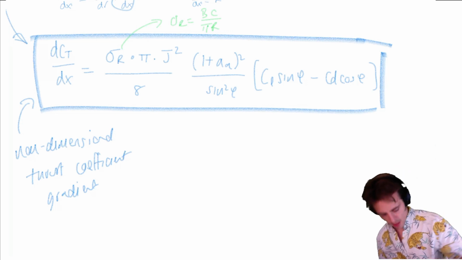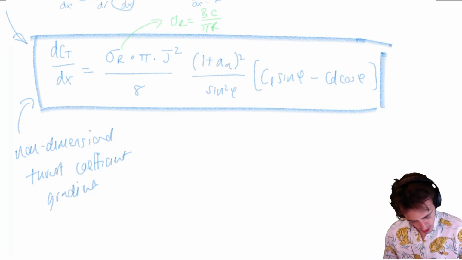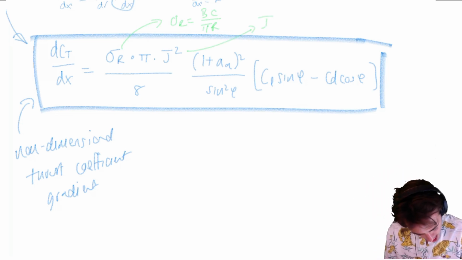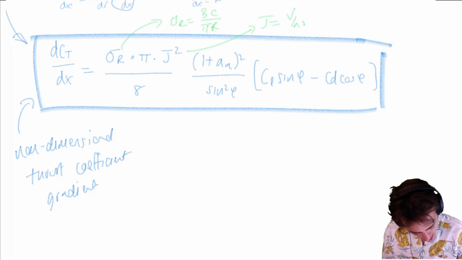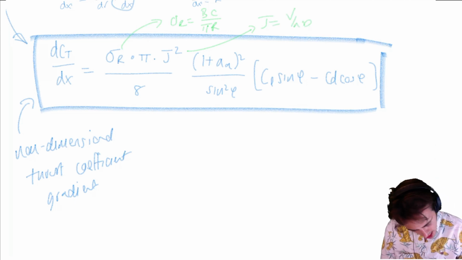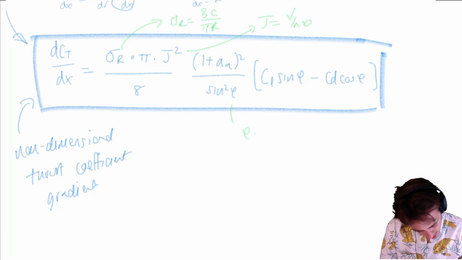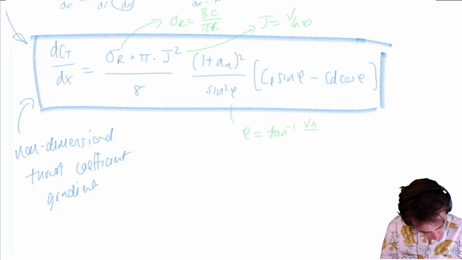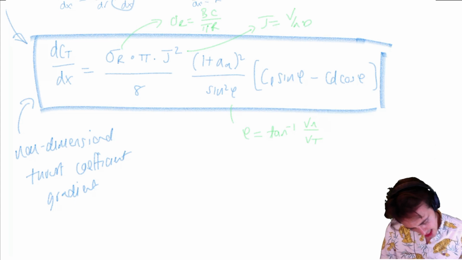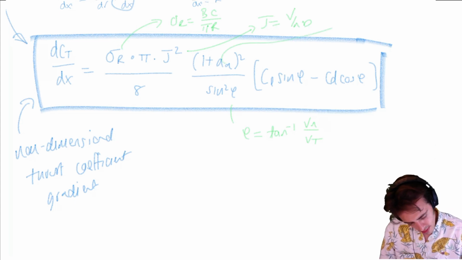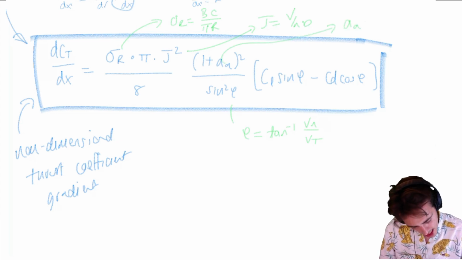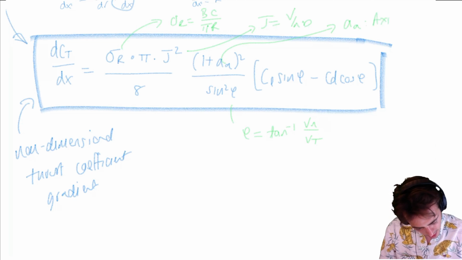There we go, there should be a pi in there. It's then a function of the advance ratio, J is equal to V on ND. Phi, which we know is the advance angle, phi is equal to the arctangent of Vn on Vt. And then a_a, which is the axial induction factor.